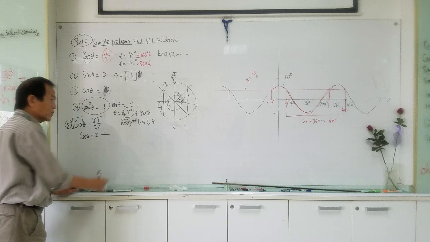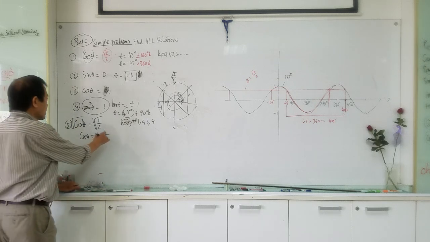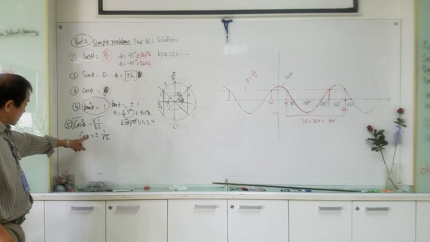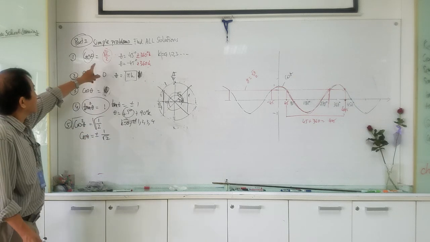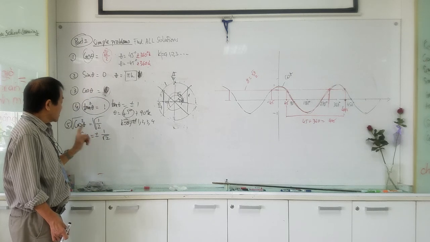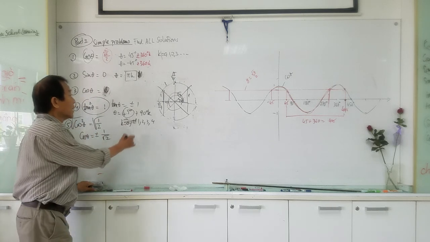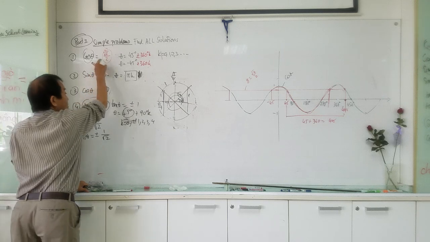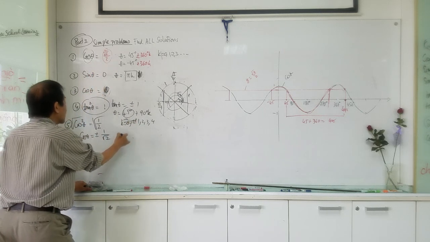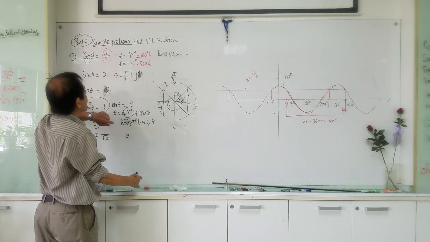Don't leave 1 under the root, that's very strange. So root of 2, plus minus root of 2. So 1 over root 2 is the same thing as root 2 over 2, right? Therefore cosine equals plus minus root 2 over 2, and you have many solutions. Now theta here equals 45 degrees, right?